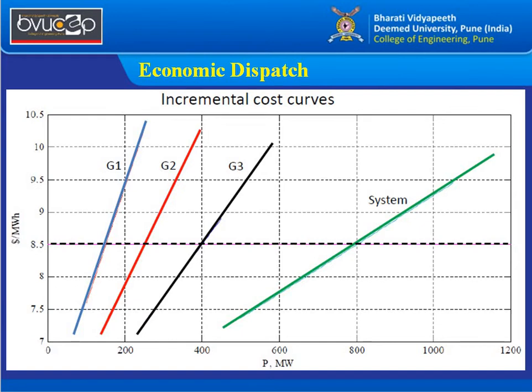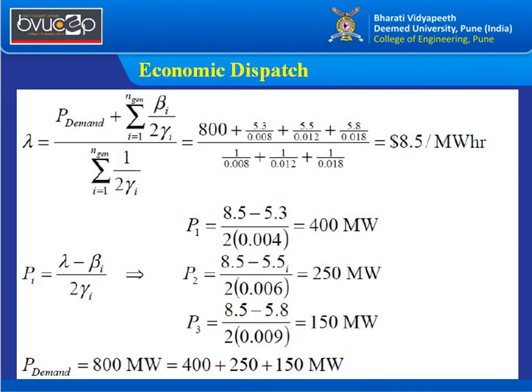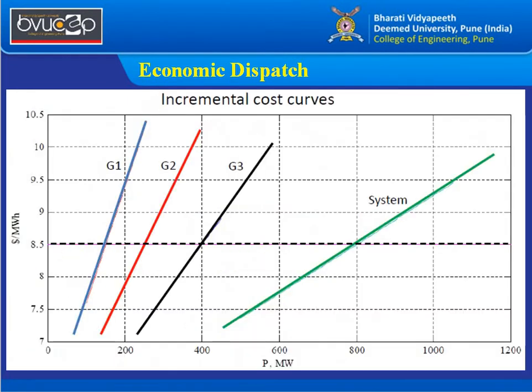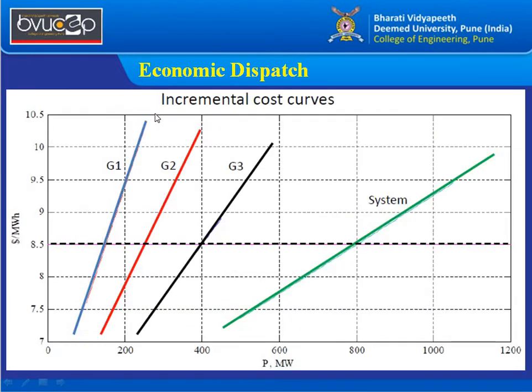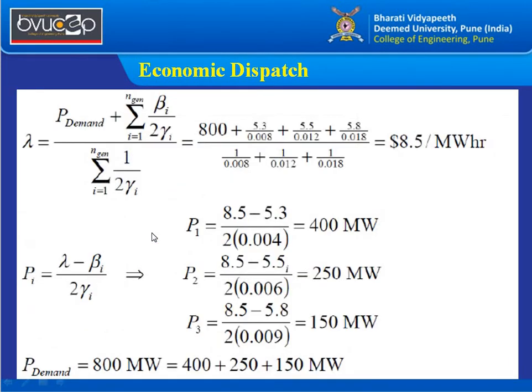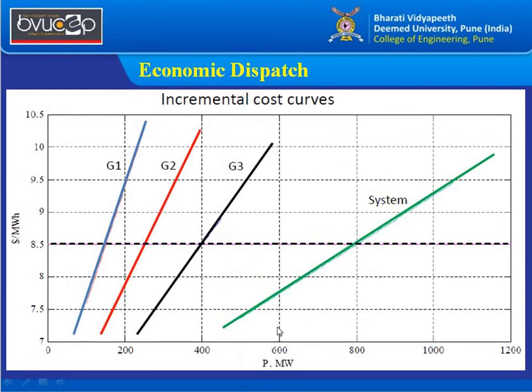As we can see, the three generating units P1, P2, P3 are plotted in the graph. In terms of incremental cost curves, we have drawn the curves. You can see that this is for generating unit one, which is going to be 400 megawatt, the highest. It is almost linear and very close to 90 degrees. Then P2 is 250 megawatt and then the third generating unit, and this is the system which is operating.